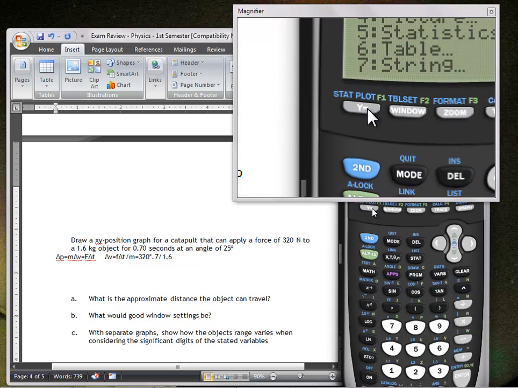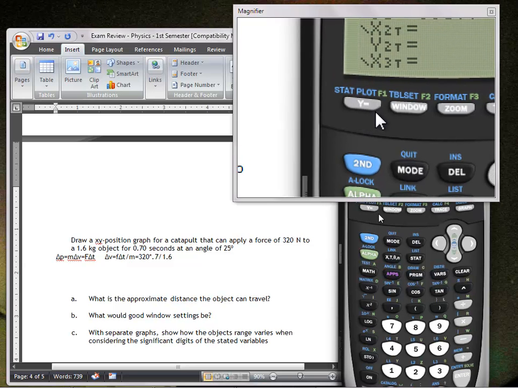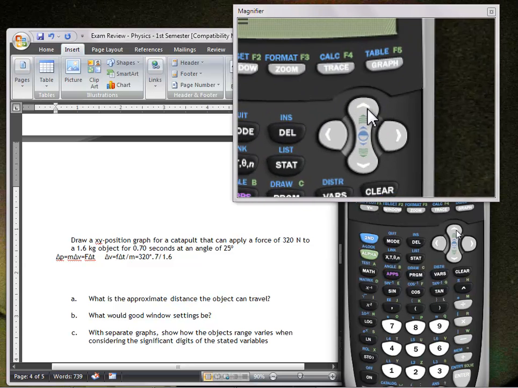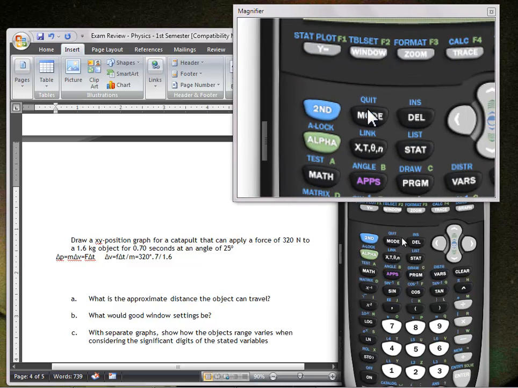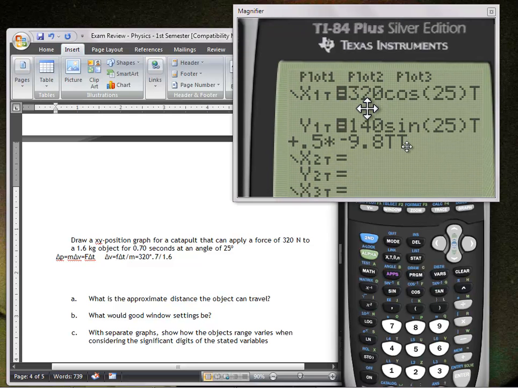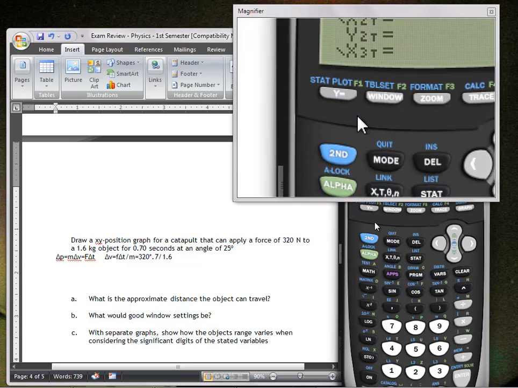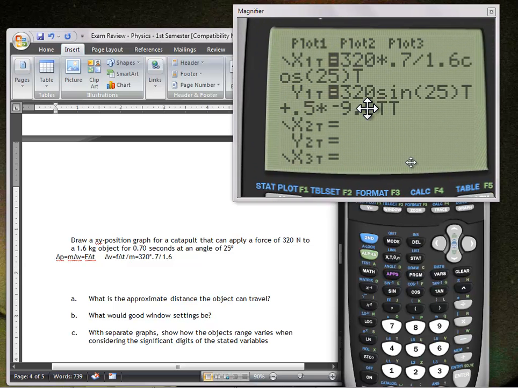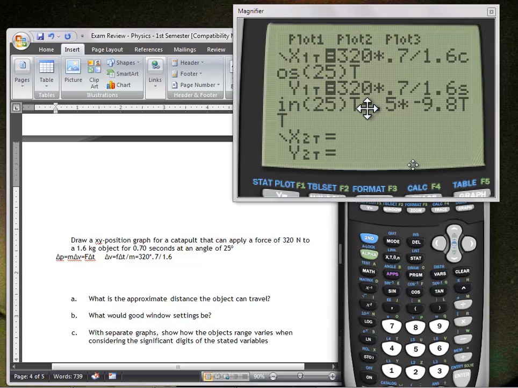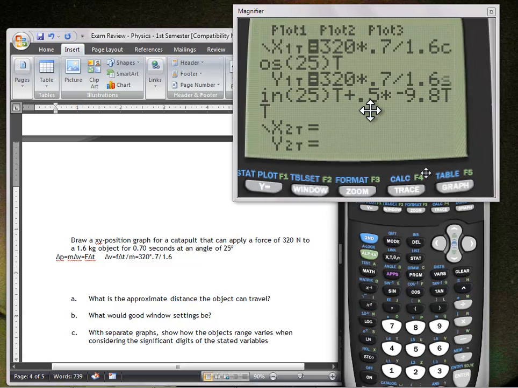Back to the y equals screen, and we'll hit second insert, and 320 times 0.7 divided by 1.6, and we'll do the same thing for y1, and that is 320, and I'll hit second insert again, times 0.7 divided by 1.6, and I'm going to graph it just to convince you that this is still going to give us the same picture.